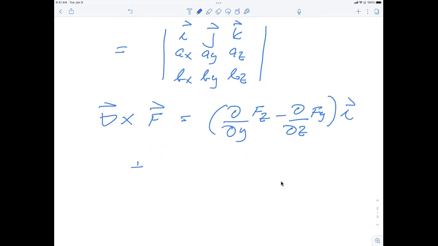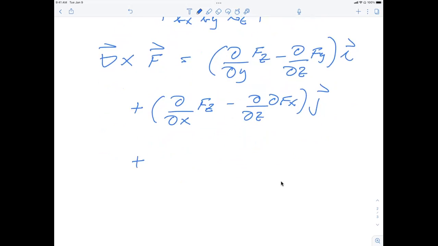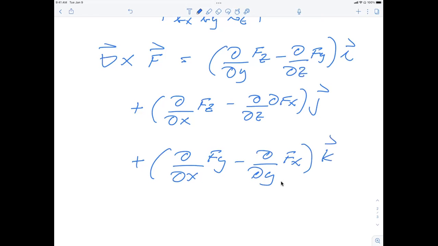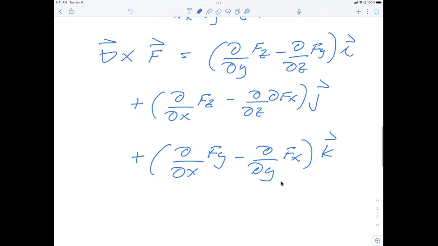There's going to be a plus d/dz of F_x minus d/dx of F_z multiplied with j, plus d/dx of F_y minus d/dy of F_x multiplied with the unit vector in the z direction. So these are the equations which you need to plug in.